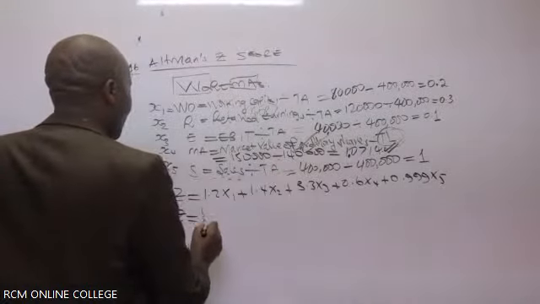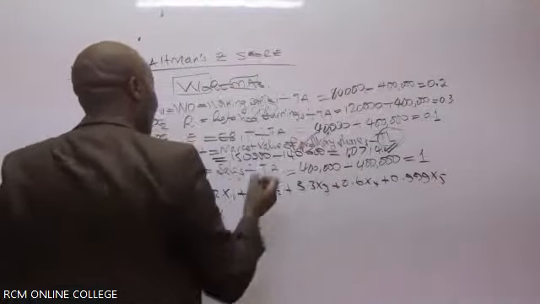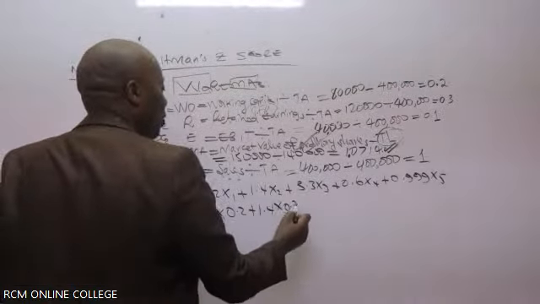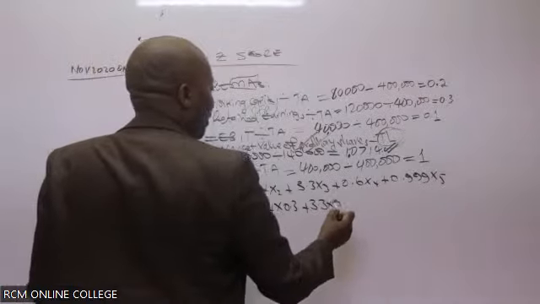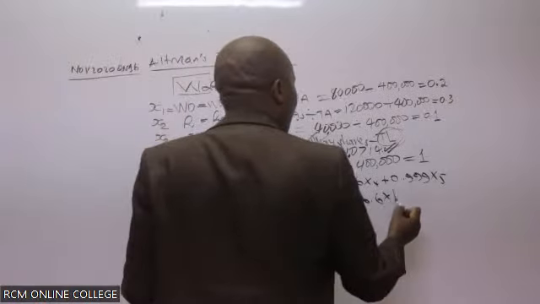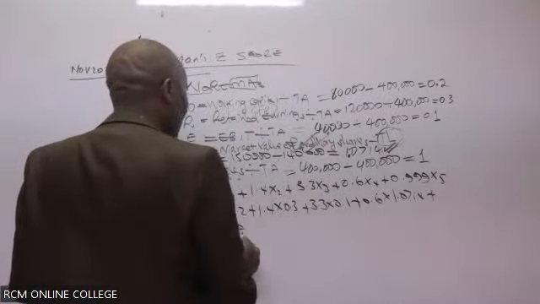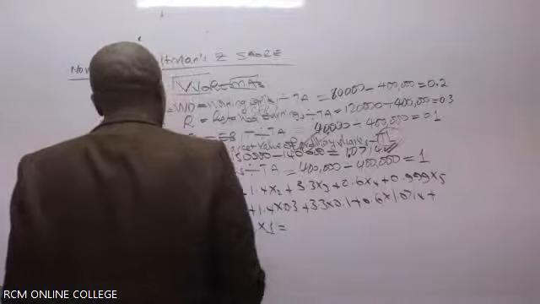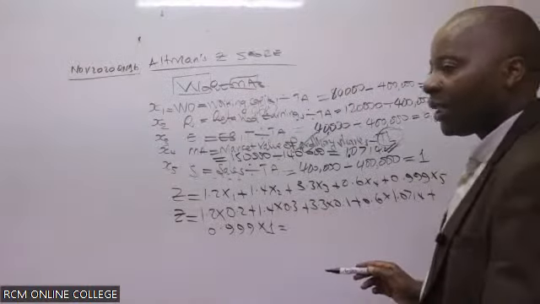Z will be equal to 1.2 times X1, which is 0.2, plus 1.4 times X2, which is 0.3, plus 3.3 times X3, which is 0.1, plus 0.6 times X4, which is 1.0714, plus 0.99 times X5, which is 1. Is there somebody who is able now to punch all these figures in their calculator and give us the value of Z?